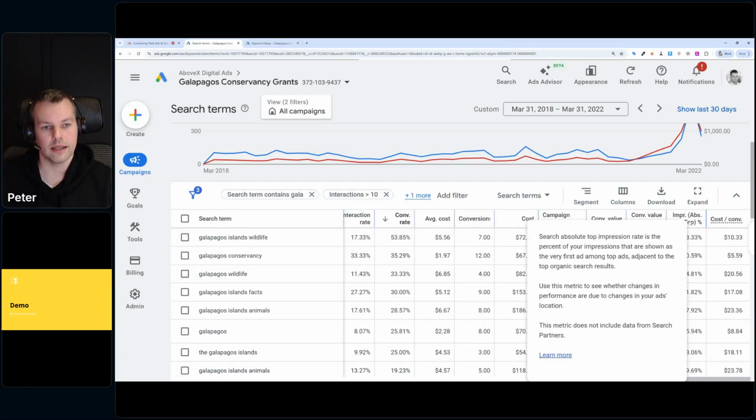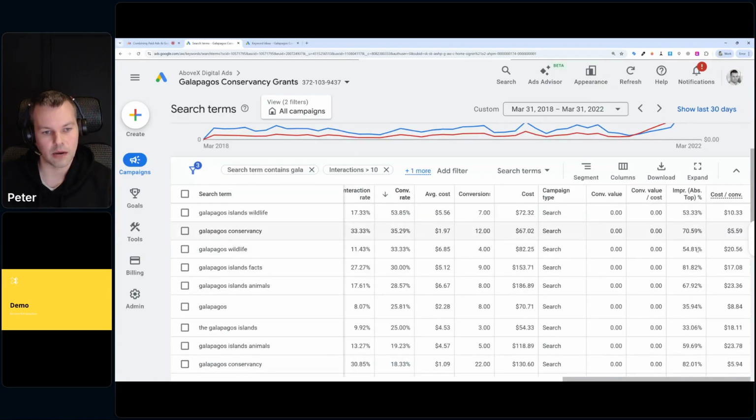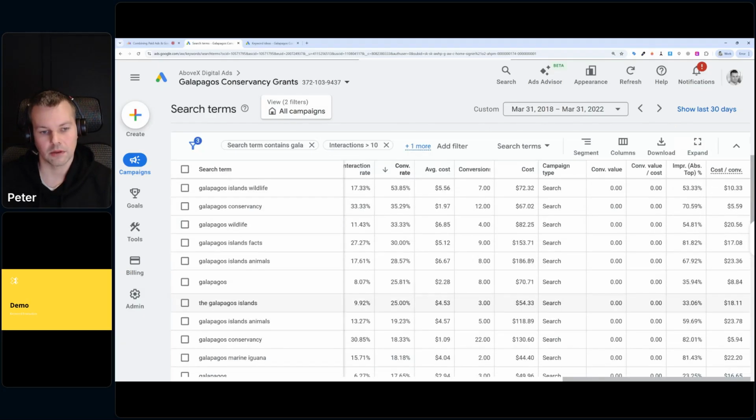And when we look at the impressions share here, you may notice that yes, there are some keywords like, for instance, this one, right? But this is their brand keyword, right? And brand, like I said, that's not what we want to focus on right now. But we have some keywords like this, for instance, 33%. So, and it's a fairly generic keyword, Galapagos Islands. So it's probably too generic for a commercial account.